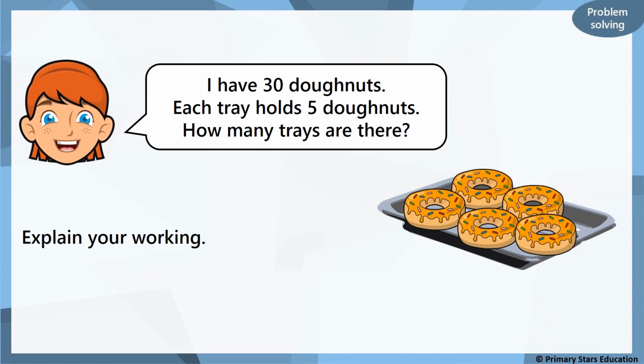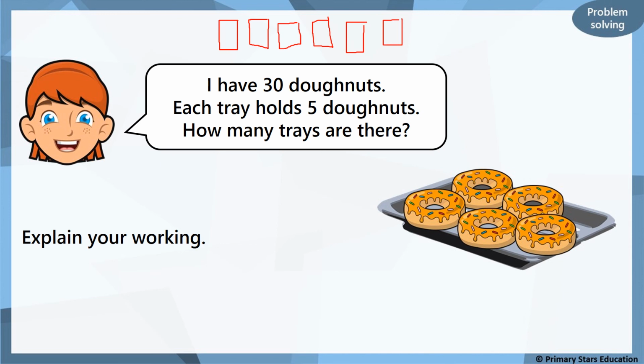Okay, right, let's have a go at doing this together. So each tray holds 5, so I'm going to draw a tray each time I count up in 5s to work it out. So 5, 10, 15, 20, 25, 30.